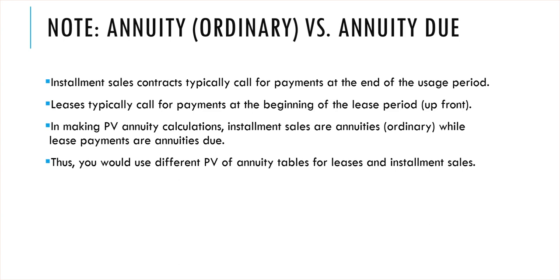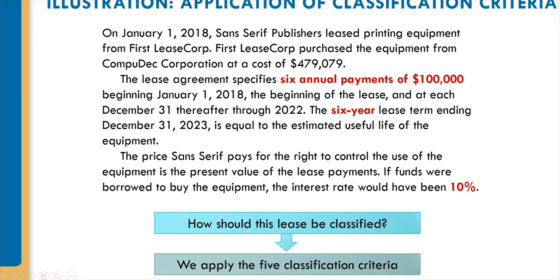So you could use different present value tables depending on leases and installment sales. If your installment sale requires you to just make a payment at the end, then you're going to use an ordinary one. However, with a lease, you may see it due at the beginning, and the due at the beginning would be annuity due. So you may end up using different tables depending upon the situation.